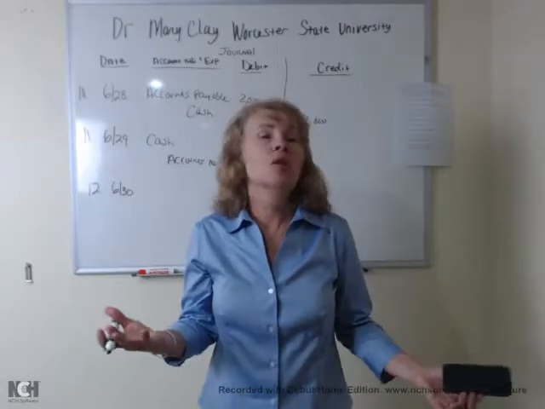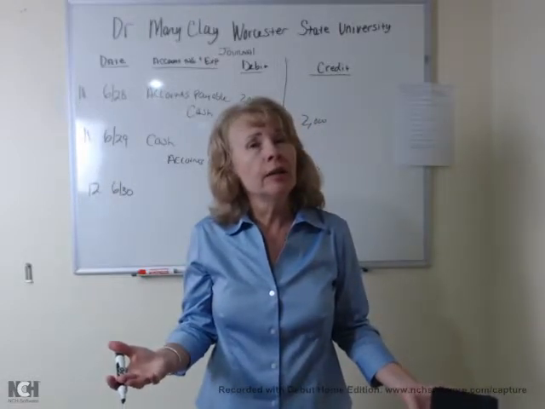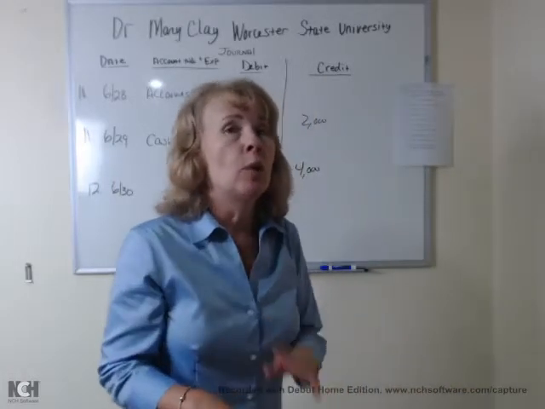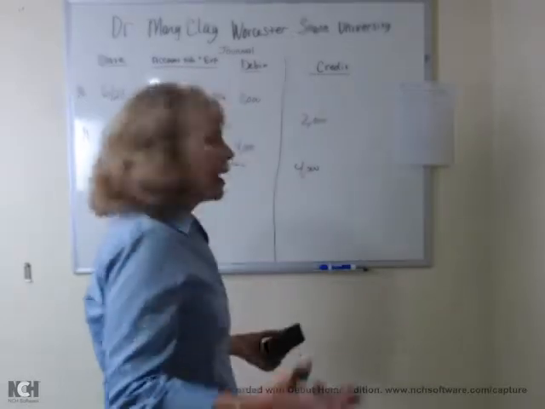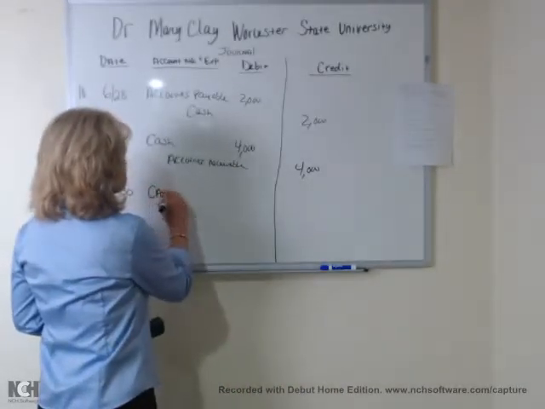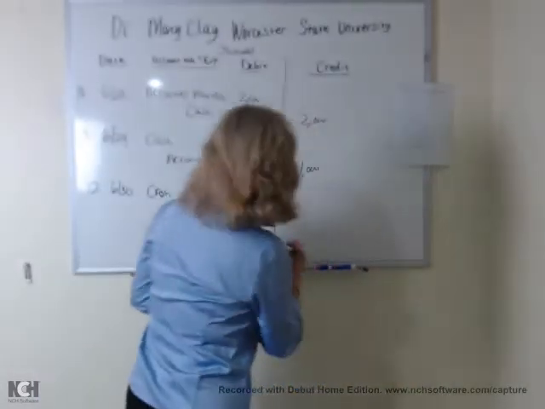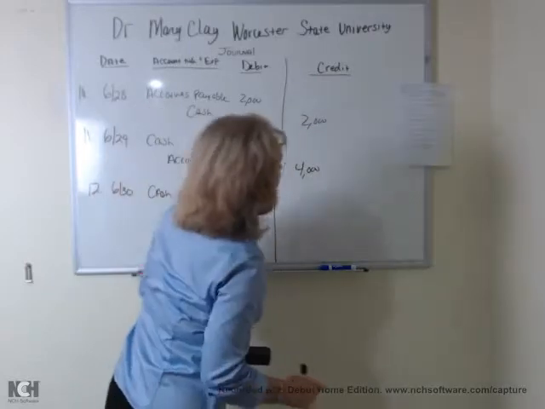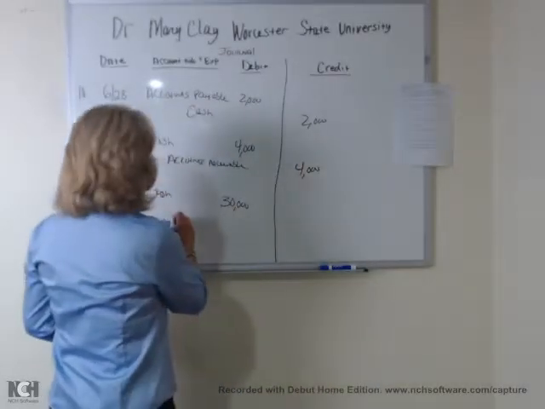So note payable is also classified as a liability, just like accounts payable, but later on we'll learn what happens with notes payable. But right now, you would just debit cash, $30,000, and you would credit note payable. That's it.